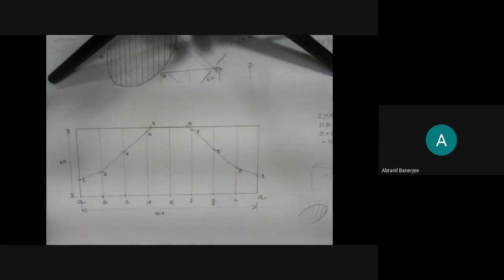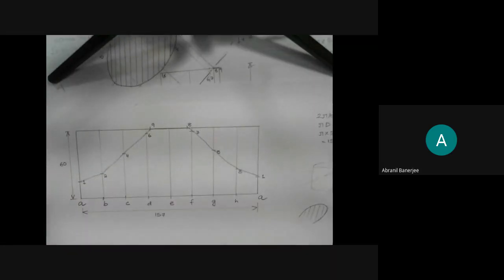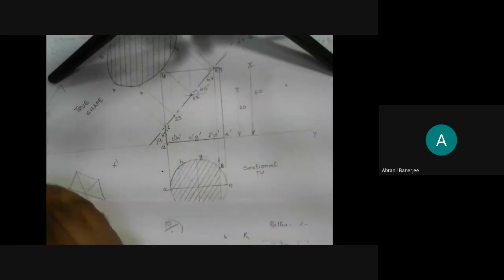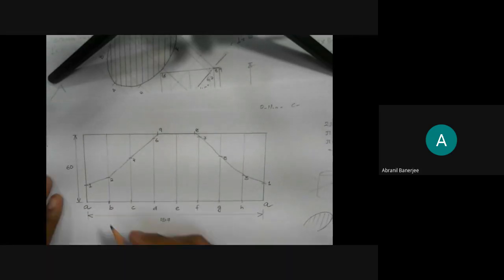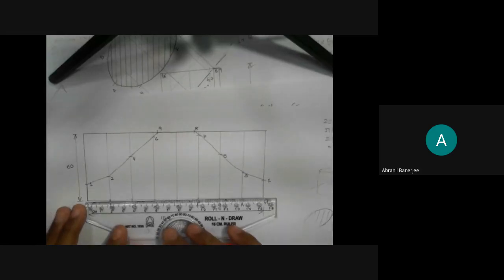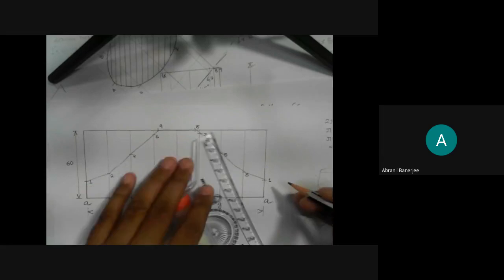so when you join 1A with this 1A, you will get the portion which is left out after this particular portion is cut through. So this is nothing but your development. When you draw the development part, try to mark the leftover portion dark.